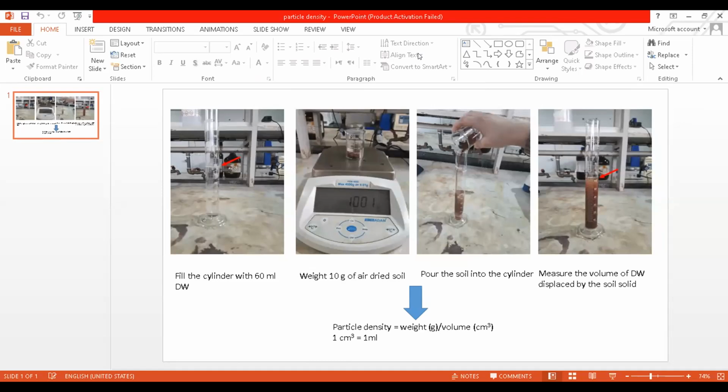And this belongs to the displacement law of Archimedes: the volume of water displaced is equal to the volume of the object. So the increment in volume in the measuring cylinder is attributed directly to the volume of the soil.